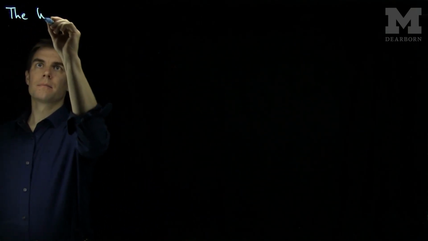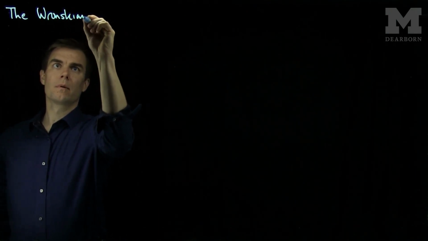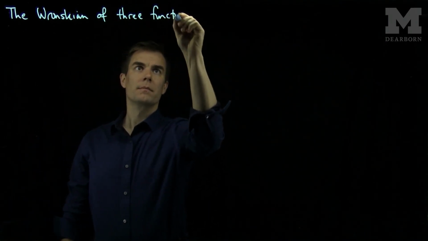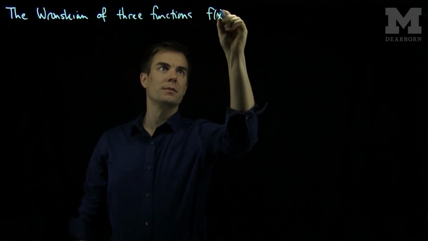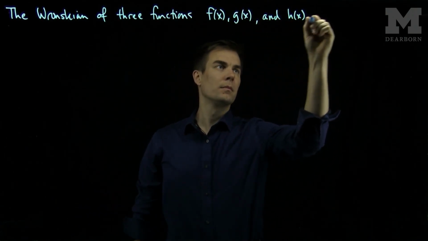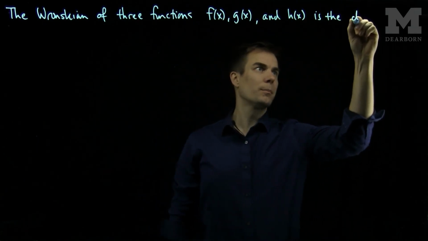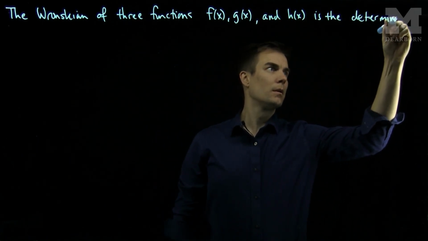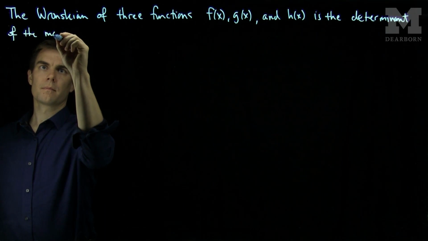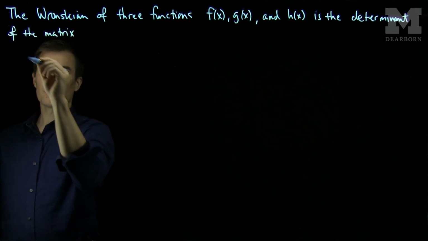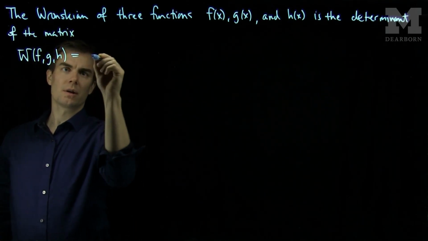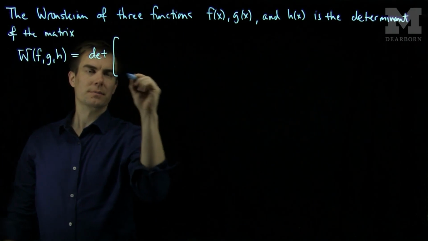The Wronskian of three functions f of x, g of x, and h of x is the determinant of the matrix given as follows. We write Wronskian of f, g, and h is the determinant of this matrix.